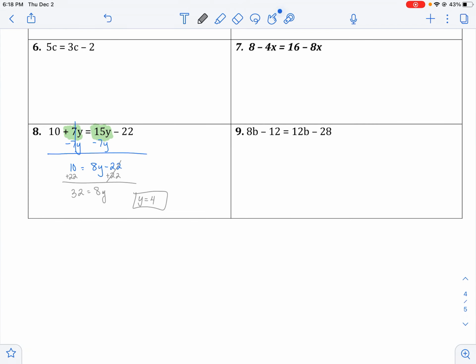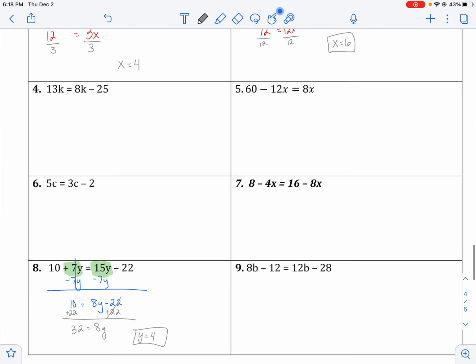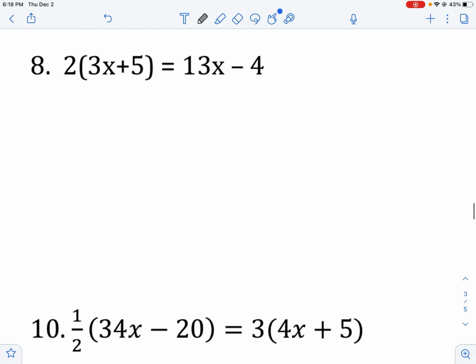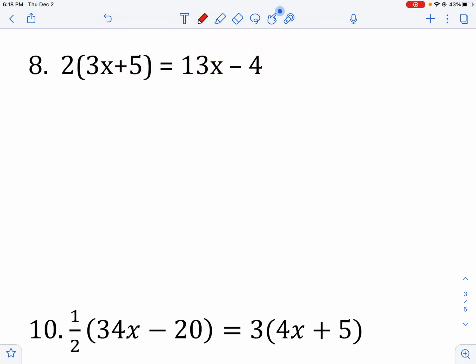Okay, and the last problem type that you're going to run into is what would I do if I have problems with parentheses. So problems like these. Well, anytime I see parentheses, if I'm doing my order of operations, I know that my first operation should be with the parentheses.